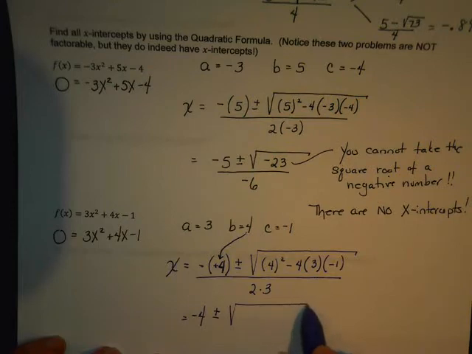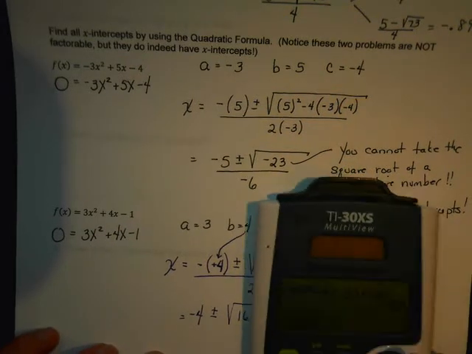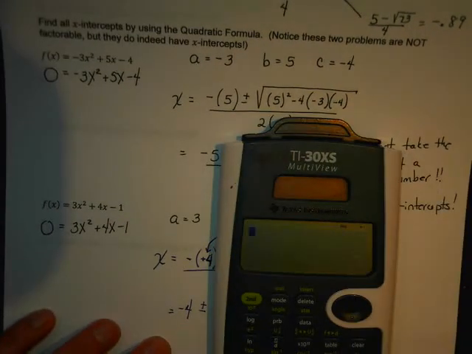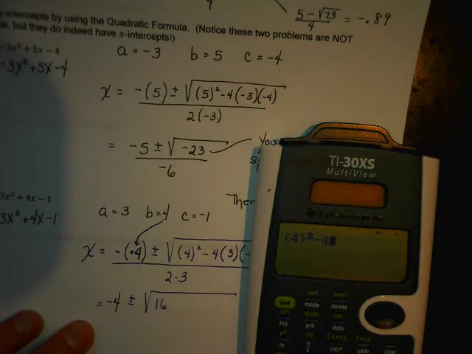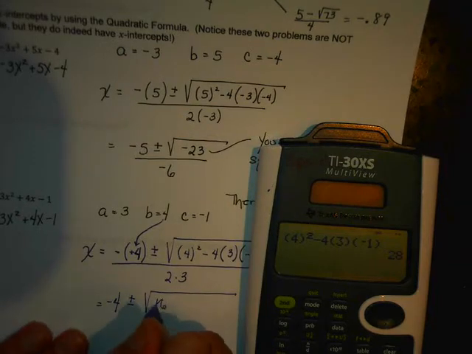16. Oh, well, I should put this in my calculator. Here, let's put it in my calculator. Ready? So we've got 4 squared minus 4 times 3 times negative 1. So did you guys get 28 underneath the square root symbol?